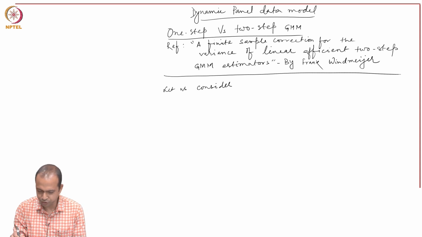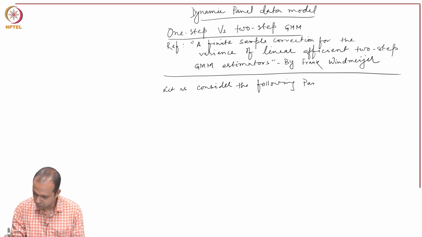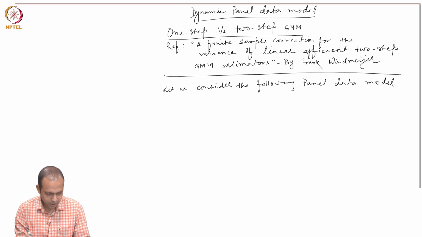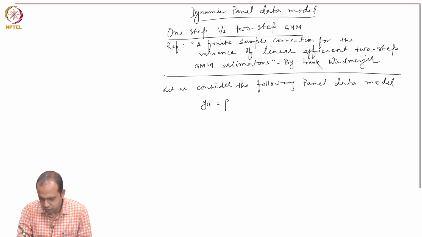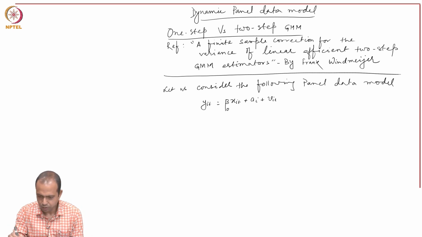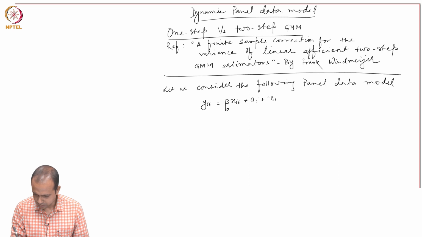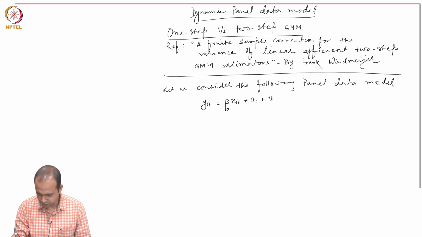So let us consider the following econometric model. Following panel data model, wherein y_it equals beta 0 x_it plus a_i plus v_it, and a_i plus v_it equals u_it.